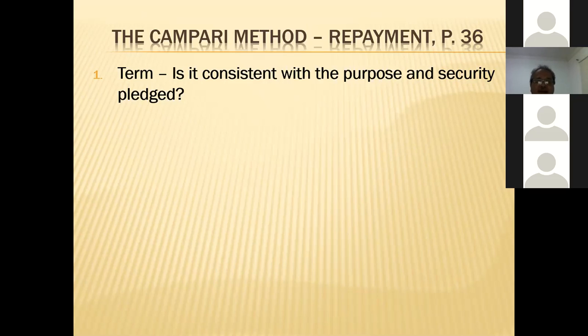Quite right. Okay, so for the term, let's say they get a car and the car is the collateral, and it's a brand new car. If you look through your policy manual, it'll say for new cars you have a longer term to pay, but for used cars a shorter period of time.